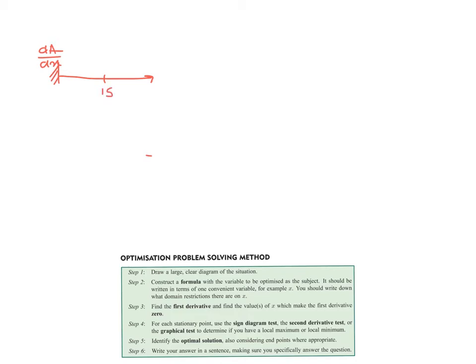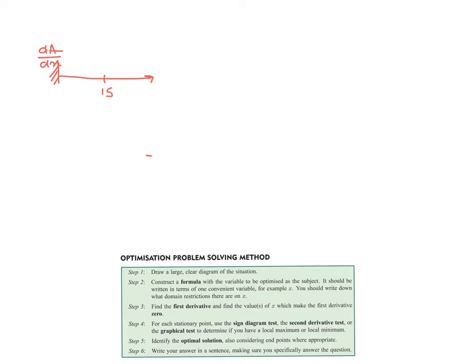So what we have to find out is the sign of the first derivative, or the slope, before x is equal to 15, and the sign of the first derivative, or the slope, after 15. So how are we going to do that?